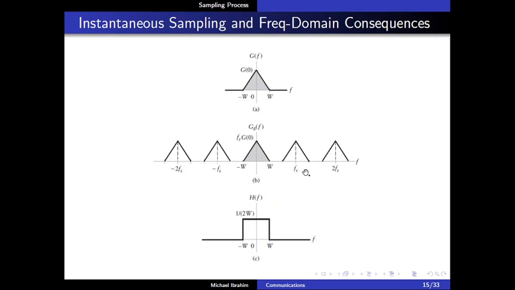Two concerns come up here. The first concern is, what guarantee do we have that this repeated spectrum will not overlap with the original spectrum? One might ask, does it matter if the spectrum overlap or not?